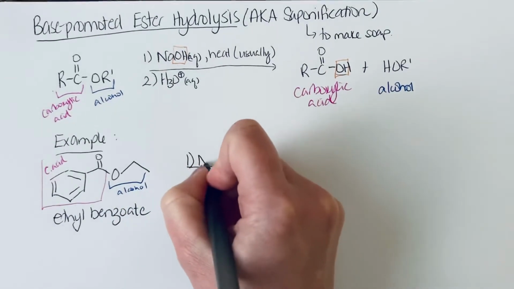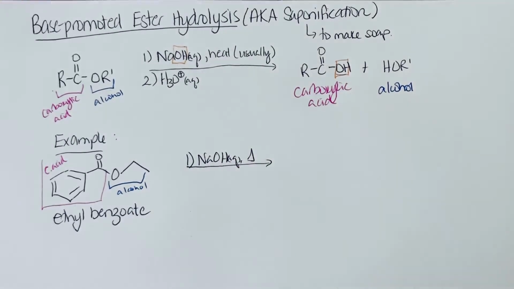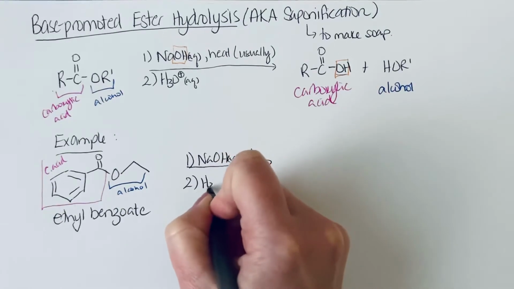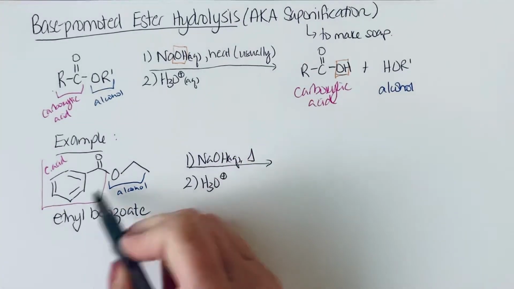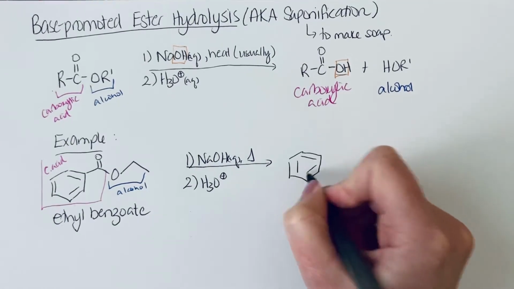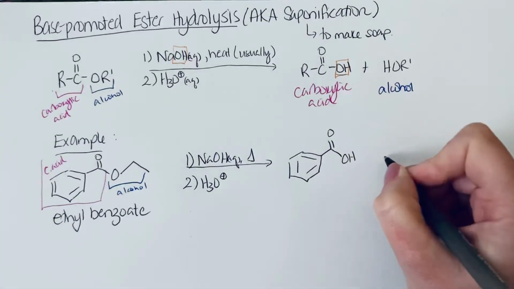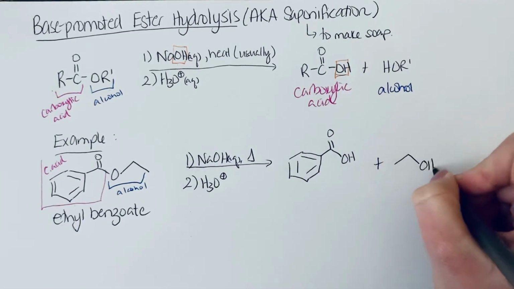Two-step process here. We're going to use sodium hydroxide. We'll say we're going to heat it up. And then just an aqueous workup to make sure we get the carboxylic acid as the neutral carboxylic acid and not the negatively charged carboxylate anion. So there's our carboxylic acid and the alcohol.